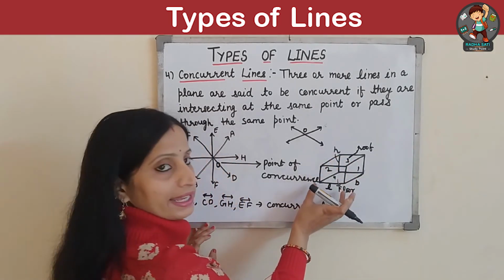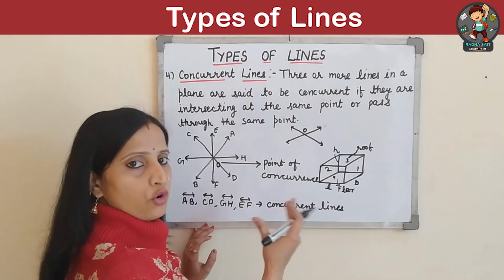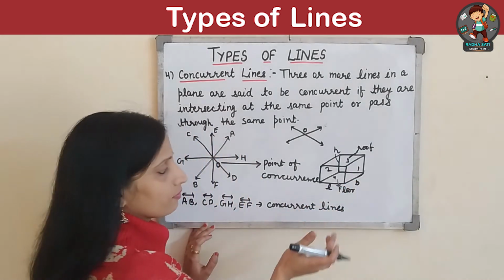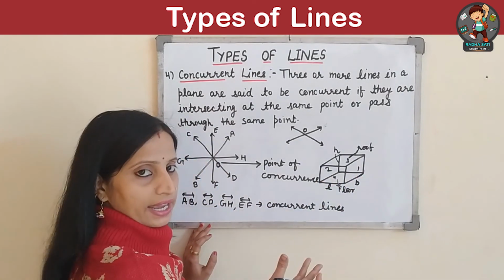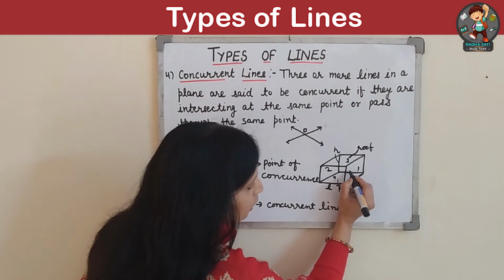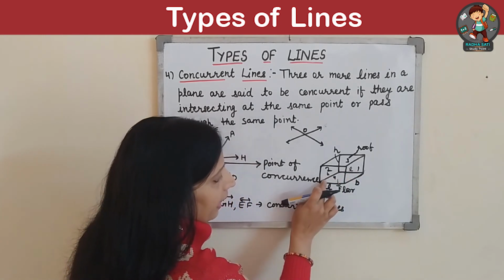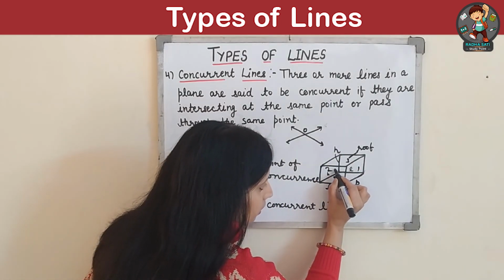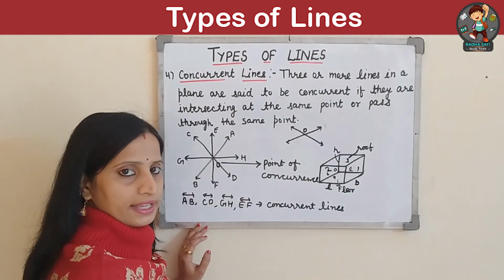So you can find various intersecting lines, perpendicular lines and concurrent lines in your room itself. So you can see that length and breadth are intersecting each other, and it is intersecting at right angle. So perpendicular lines you can see. Apart from that, the length, breadth and height are intersecting at a common point. Let us name it O. So these three are an example of concurrent lines.